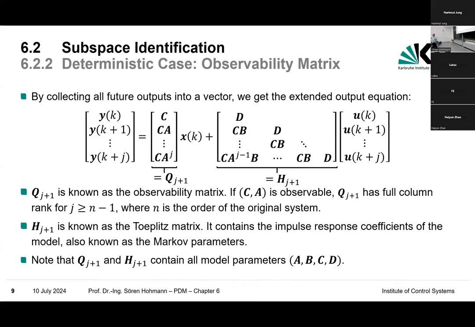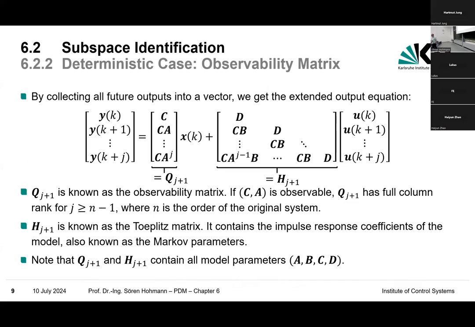The second problem is concerned with the question of when to stop with J. Or we can also say, if we do not know the order of the system, N, what to do then?